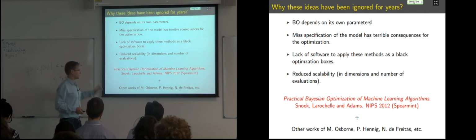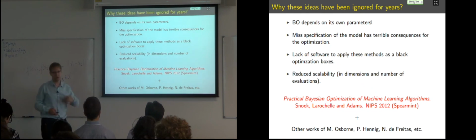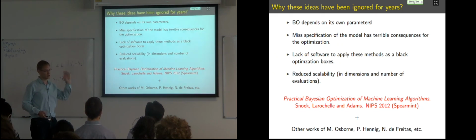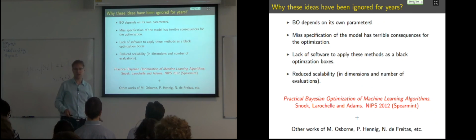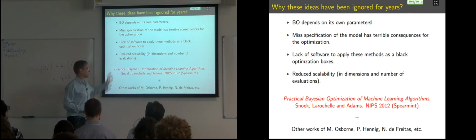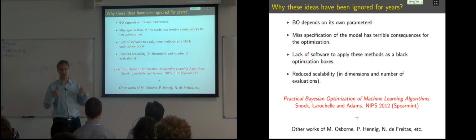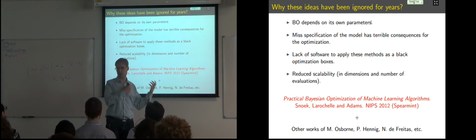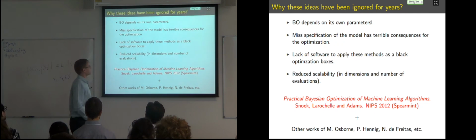It was with this paper, and obviously with the work of many others, like Mike Osborne, Philipp Hennig, Nando de Freitas, and many others. There is a very long list here. I could add that now the whole field emerged. But the nice thing about this paper is that it's a very applied one. It showed how you can use these ideas to tune machine learning algorithms, right?